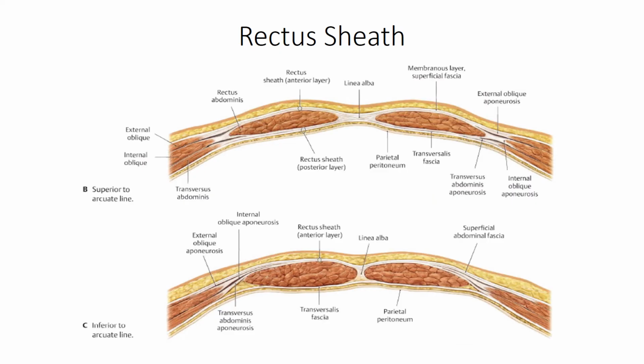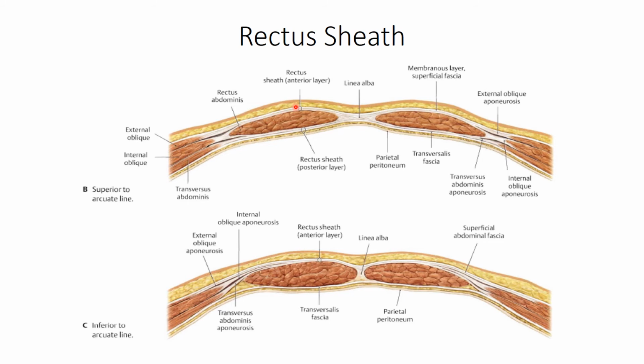Let's discuss the composition of the rectus sheath. The rectus sheath is formed by the anterior aponeurotic portion of the anterolateral abdominal muscles. At the level of the mid-clavicular line, the internal oblique splits around the rectus abdominis and encloses it as its anterior and posterior layer. The anterior layer is joined by the external oblique aponeurosis and the posterior layer is joined by the aponeurosis of the transversus abdominis.